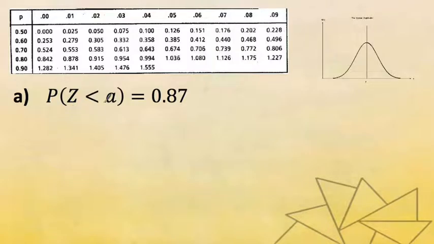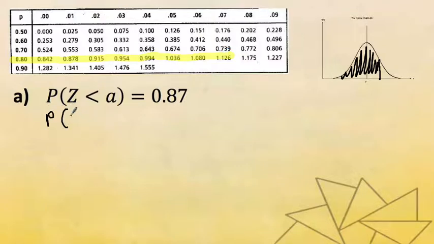So first of all, probability Z less than a equals 0.87. What I know is if my percentage is greater than 50%, less than, I'm reading the left-hand tail, and because it's less than, we're looking at the lower tail, so I'm looking at this. And that means I can read directly from the table. So all I'm looking to do here is read it a little bit more like the traditional tables like binomial, etc. I'm literally going to find 0.80, there's 0.80, and I come across until I get 0.87, so the answer is 1.126.